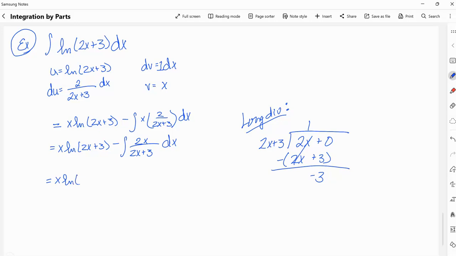So I have x ln of 2x plus 3 minus the integral of 1 minus 3 over 2x plus 3. And that's dx. So I'm going to rewrite that.